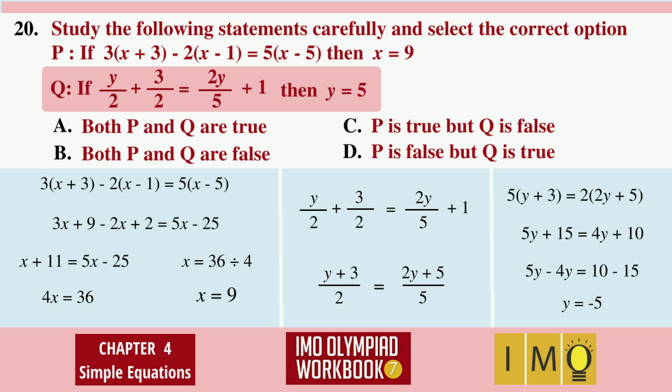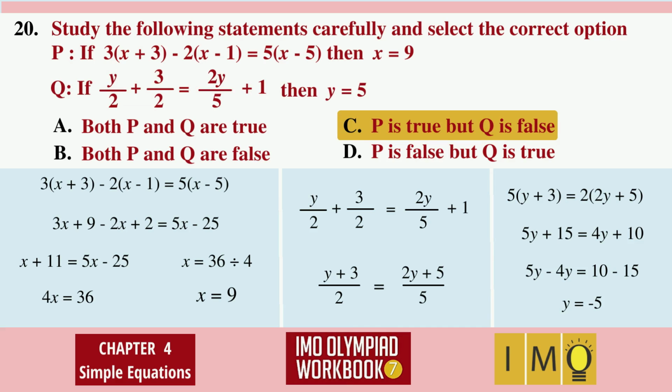That gives us y is equal to minus 5. So this shows that the statement Q is incorrect. So the right option for question 20 is option C.